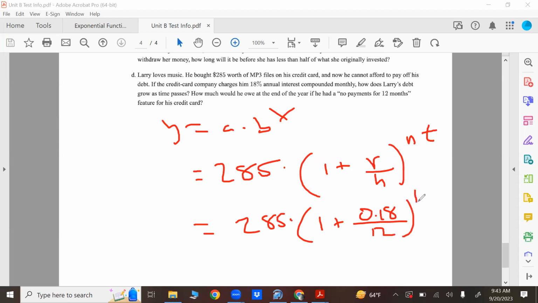And it's doing this for 1 year, so you do 12 times 1 as the exponent. And that'll tell you how much money is being compounded. Yep, and you get about $340.75. So that's going to be the balance on his credit card afterwards.